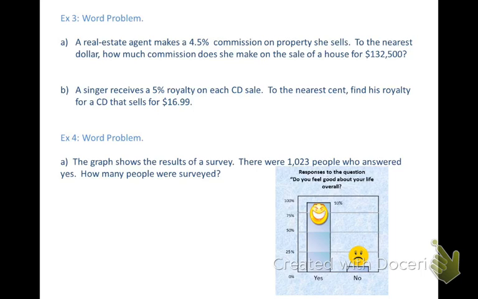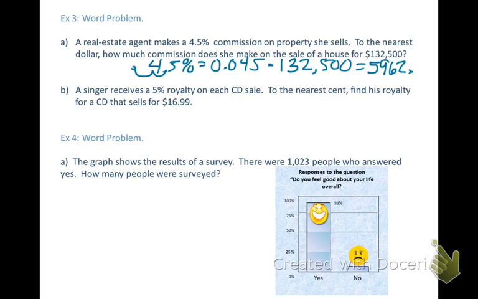So, you're going to take 4.5%, which means I move it over twice. 0.045 of how much the house cost? $132,500, and you multiply it. She makes $5,962.50.